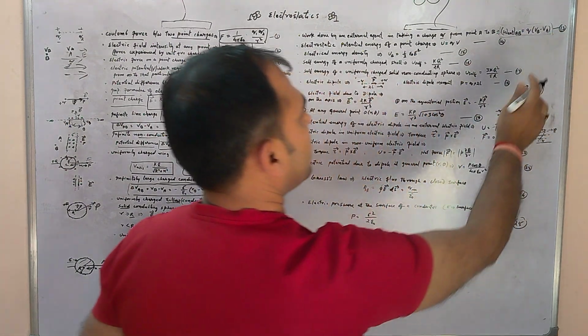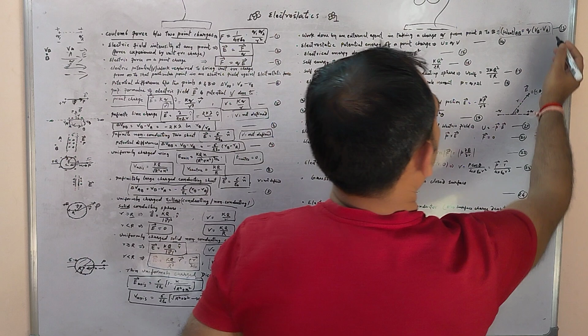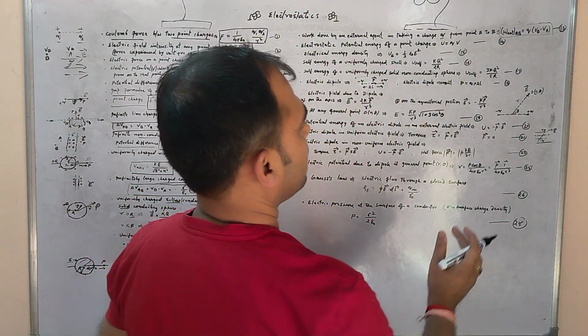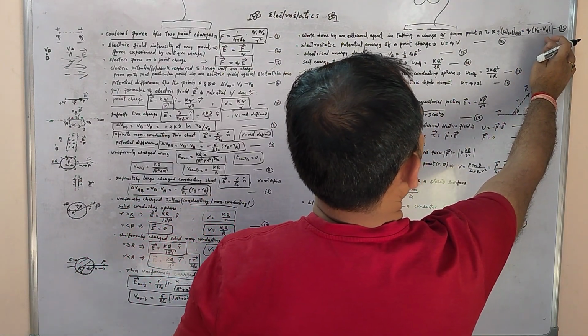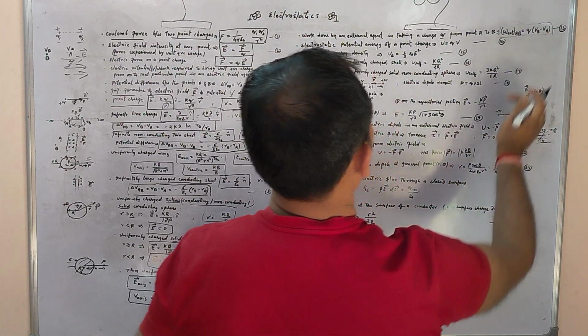As VB minus VA is the work done to bring unit positive charge from A to B, so for charge q, it will be multiplied with q.